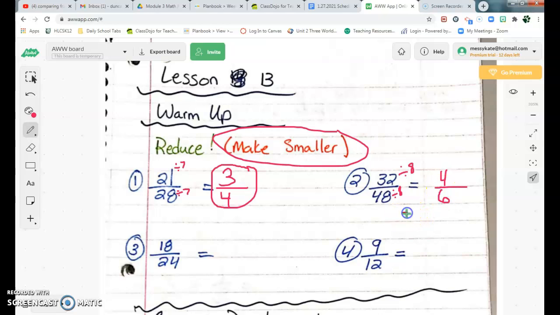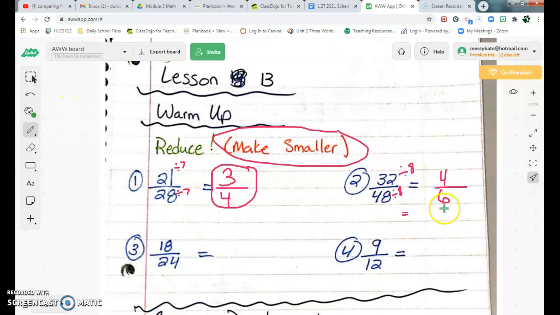But I'm not quite done yet because I'm looking at this fraction 4/6, and I know that if the numerator and denominator are both even numbers, like they are here, which means they end in 0, 2, 4, 6, or 8, I can automatically divide it by 2.